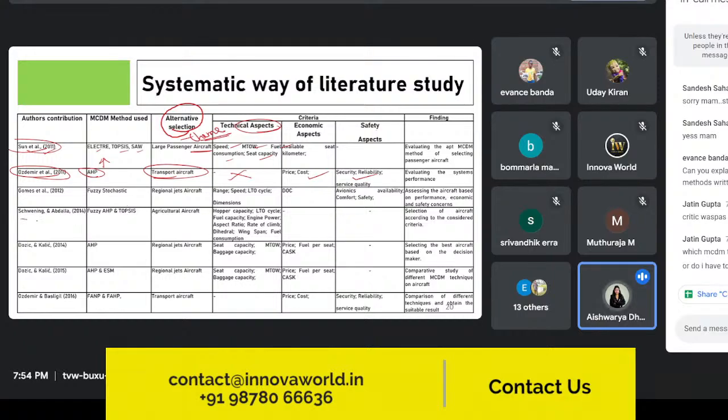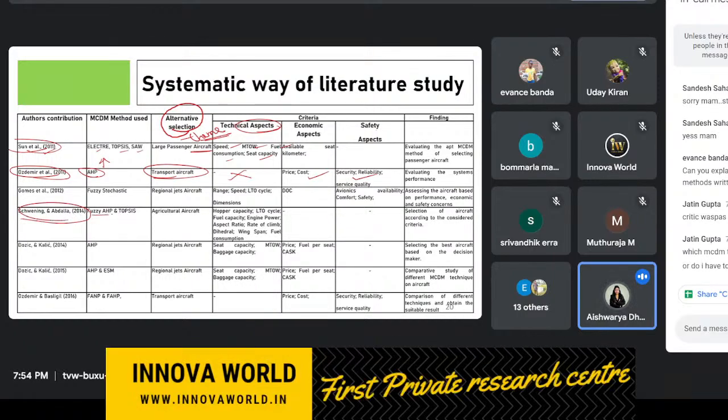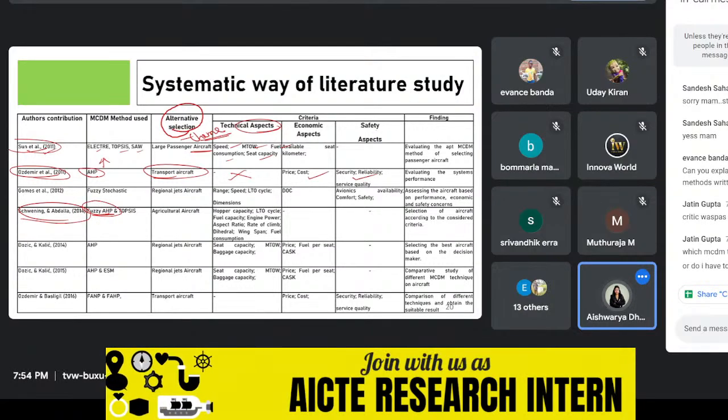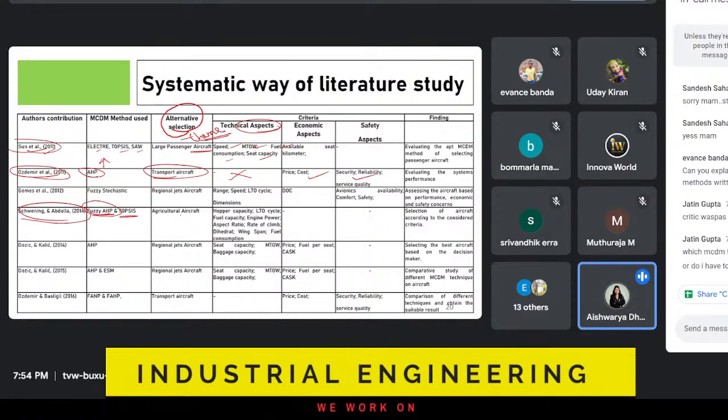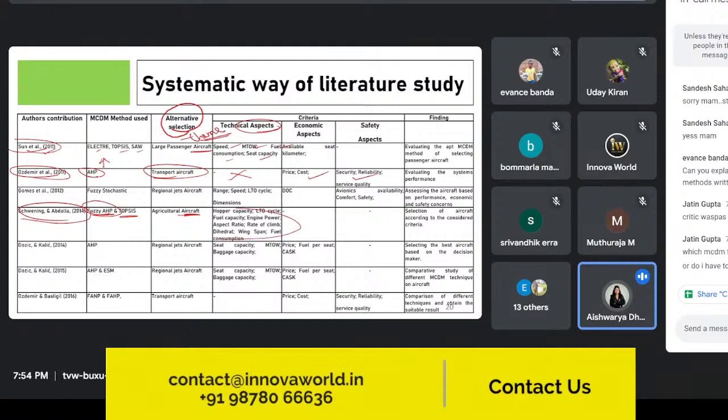Another person worked on a different hybrid technique; here you see, he has worked on AHP. They have used fuzzy technique, fuzzy AHP and TOPSIS, and on which aircraft? That is agriculture aircraft. There are different technical aspects, but no economical and safety aspects.